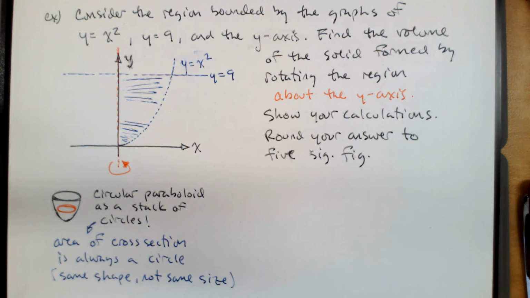There are two ways our cross sections can vary: in size and shape. We're going to hold shape constant. That way we can write pi r squared all the way up and down.